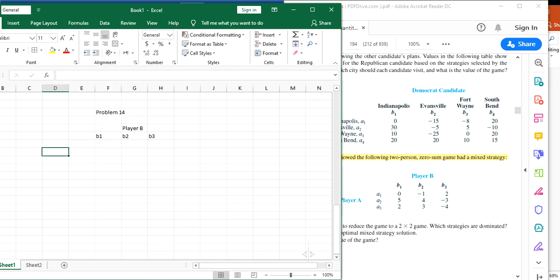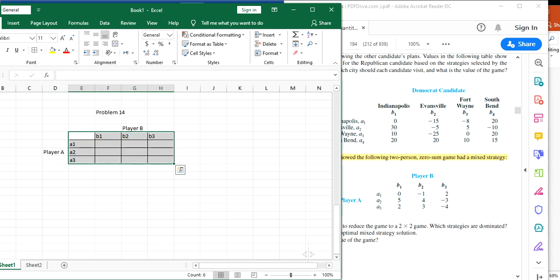And we have here player A: A1, A2, A3. Now the payoffs: 0, minus 1, 2, 5, 4, minus 3, minus 4, 3, 2. Okay.